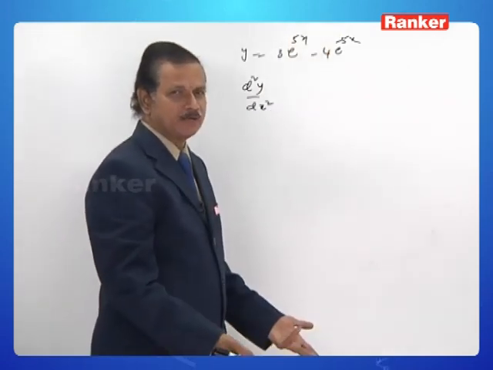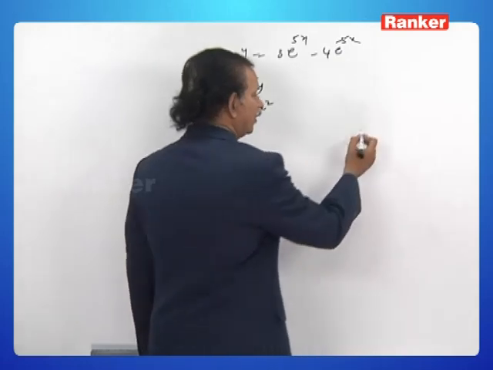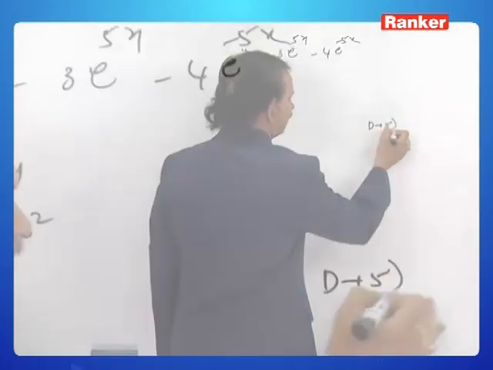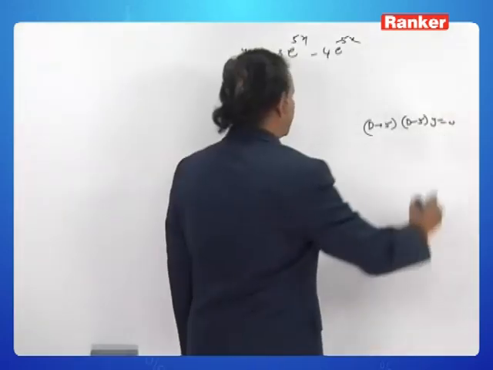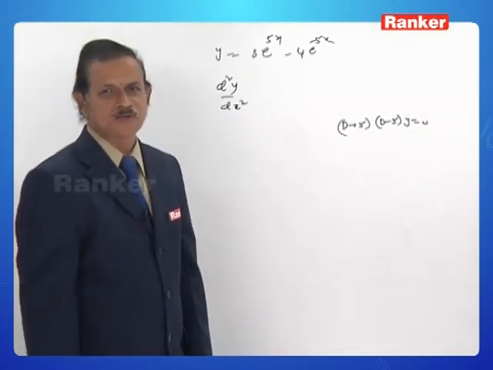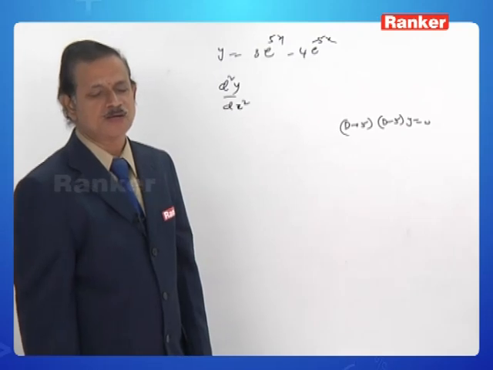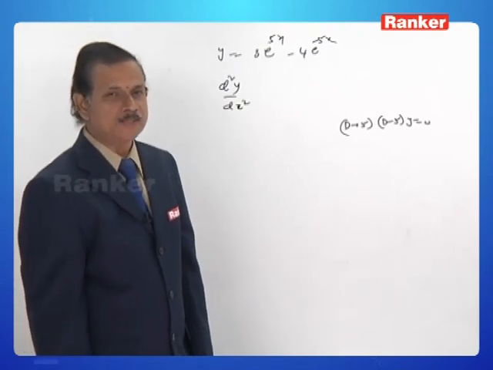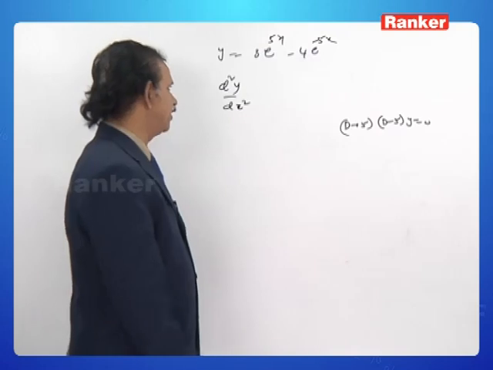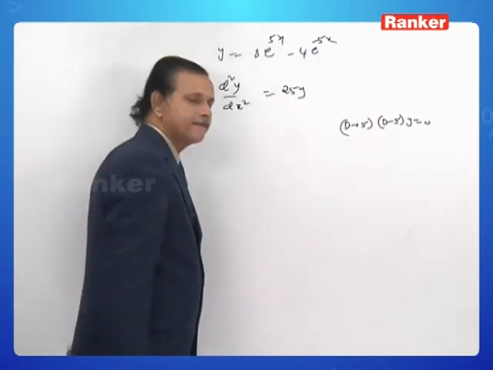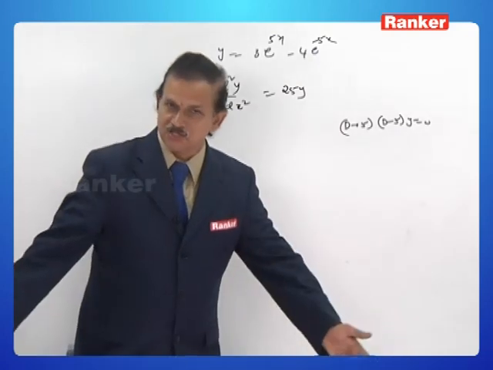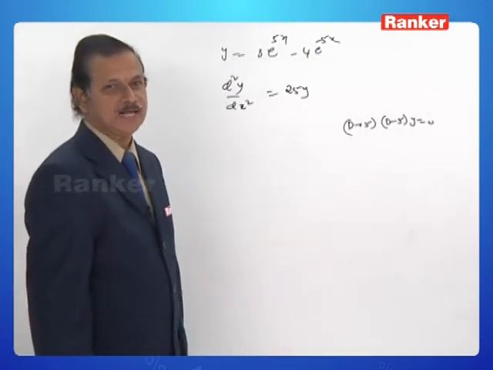(D plus 5)(D minus 5) of y is equal to 0. What is (D plus 5)(D minus 5)? D square minus 25. That is d square y by dx square minus 25y is equal to 0. Hence d square y by dx square is 25y.